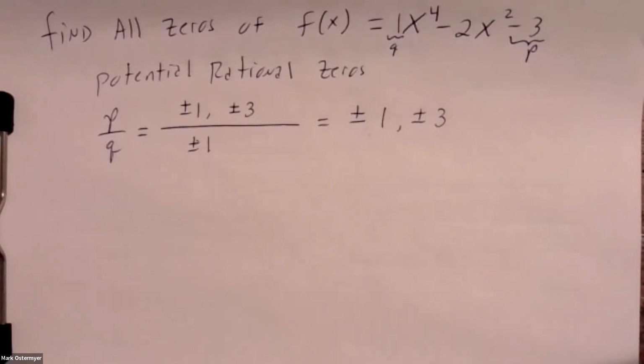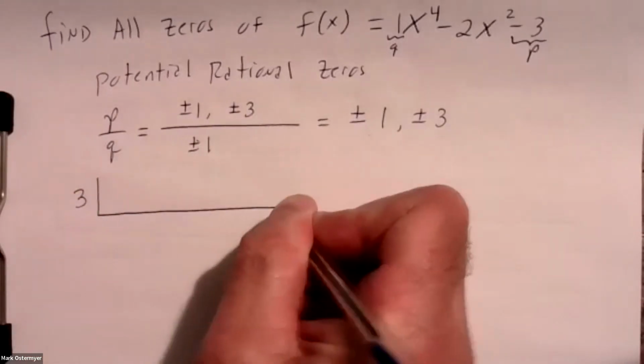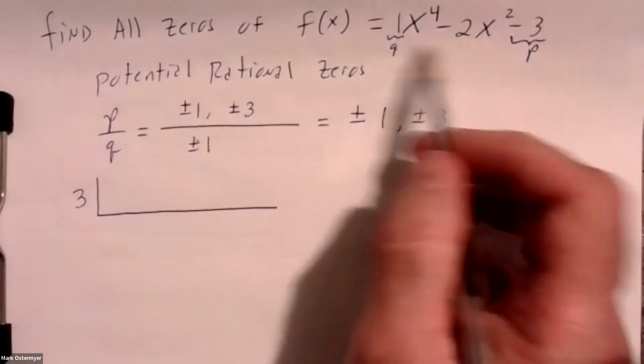Well, do any of these work? Are they zeros, any of them? Anybody determine if any of these are zeros? 3. Okay, 3 works. Let's try 3. I'm going to divide synthetically into the coefficients of this polynomial.